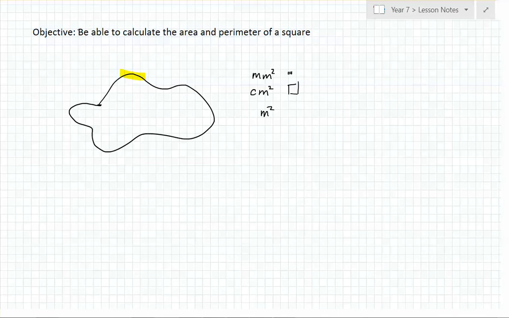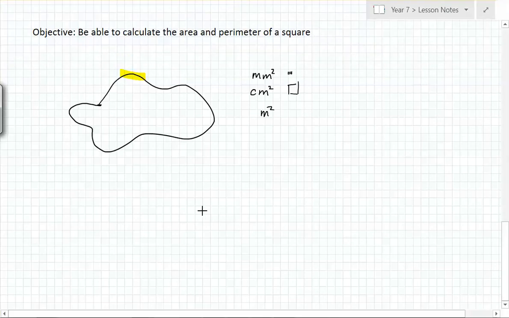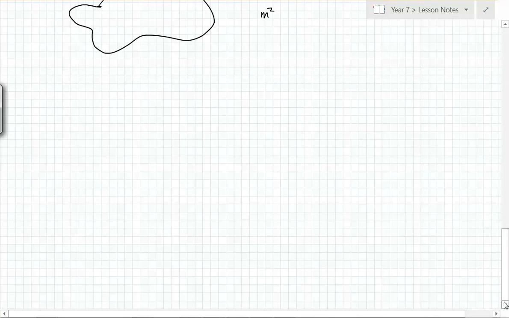Now, all of this area malarkey is dealing with squares. So actually, a square is an easy shape to work the area out, no? And that's the deal. So that's what we've got: calculate the area and perimeter of a square. So, imagine each one of my little squares is 1 centimetre square.